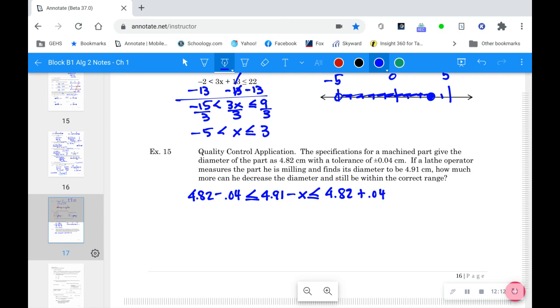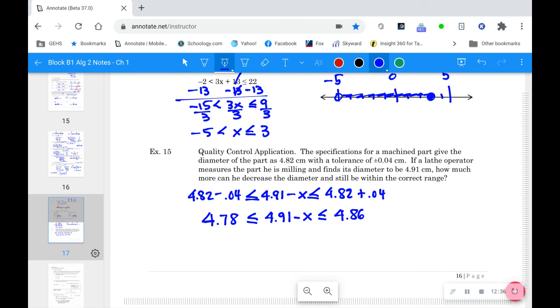So that leads us to 4.78 on the left. And we have the expression 4.91 here. And then on the other side, you get 4.86.